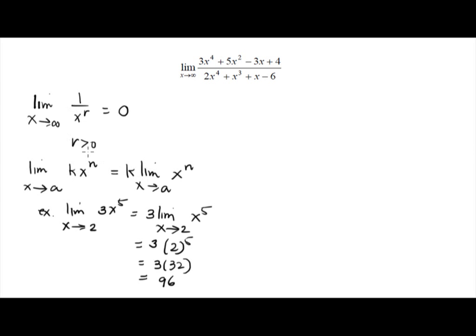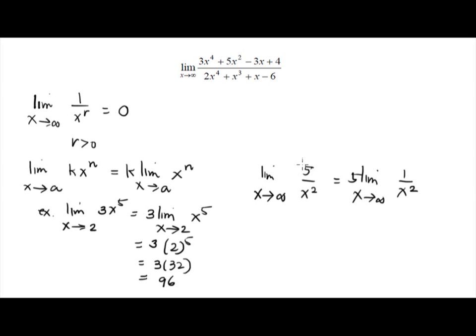Okay, so that's the same even if you have 1 over x to the r. For example, if you want to get the limit as x approaches infinity of 5 over x squared, this is equivalent to 5 times the limit as x approaches infinity of 1 over x squared.